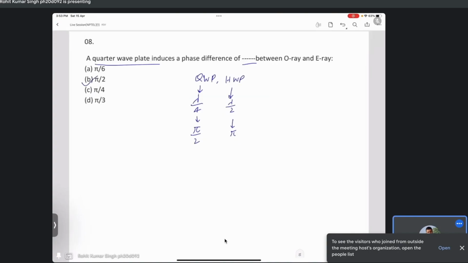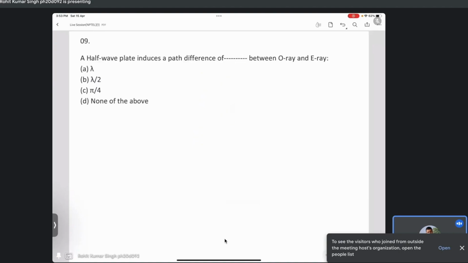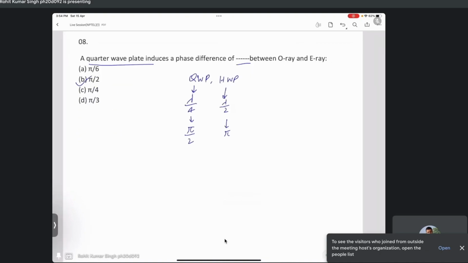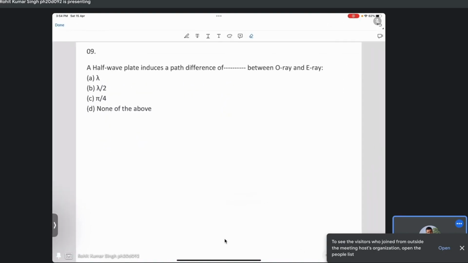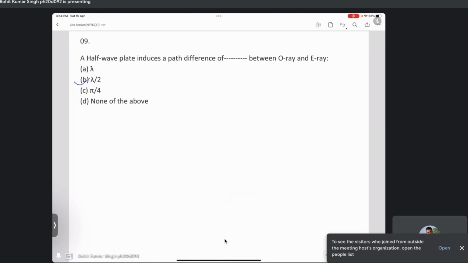And then half wave plate induces a path difference of lambda by 2, which is pi in phase.